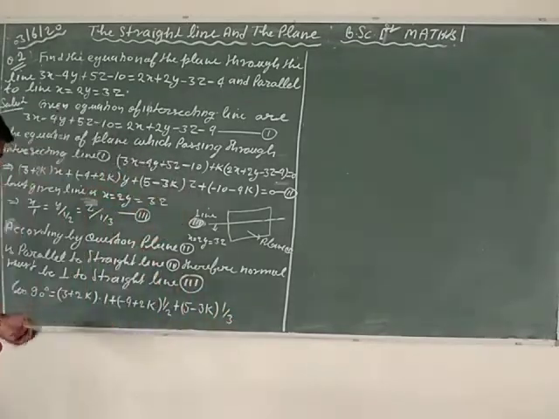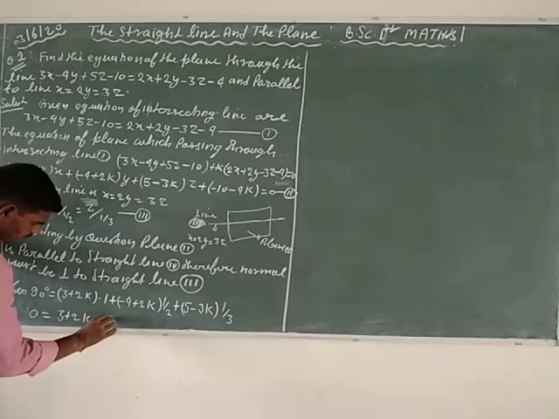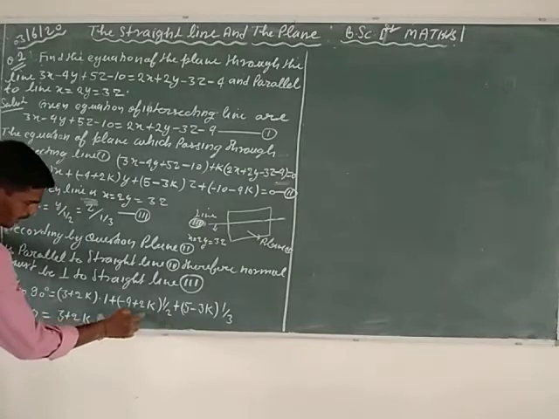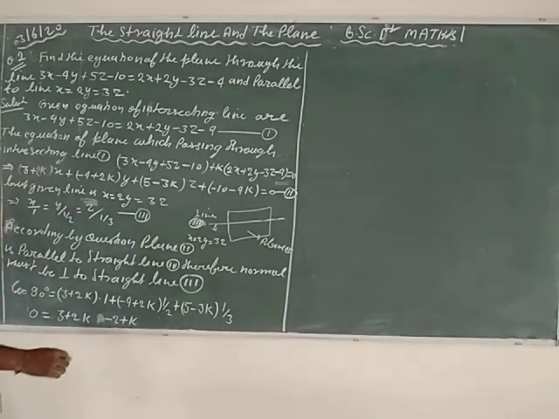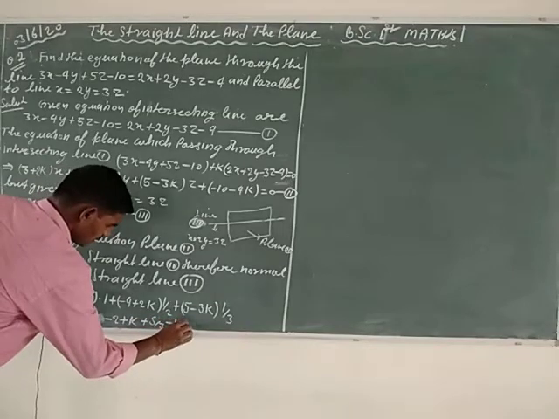You know that cos 90 is equal to 0, so 0 is equal to 3 plus 2k minus 2, plus k plus 5 by 3 minus k is equal to 0.